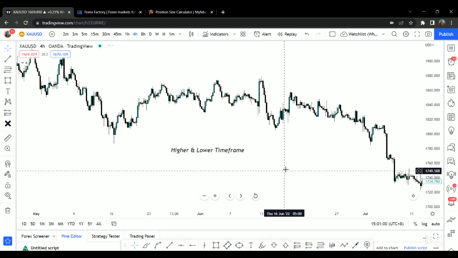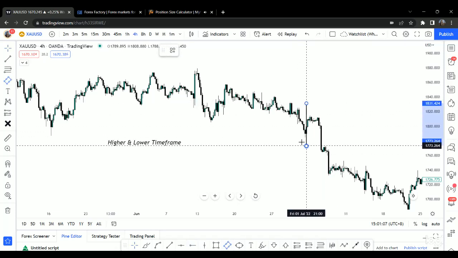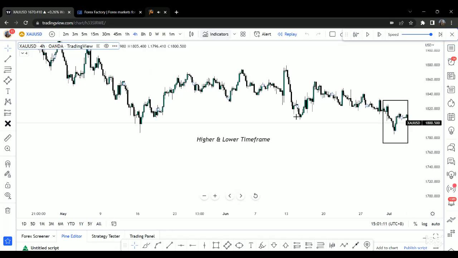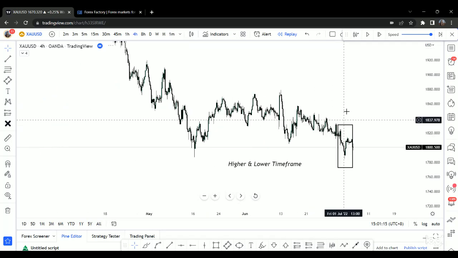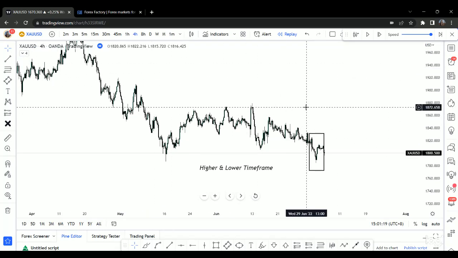So I'll give you one example here. If I simply draw a box here, let's say right here, I put it in the replay mode, and if you look at the 4-hour time frame, you clearly know that this is a bearish trend, right? Very obvious. Everything is pointing downwards.